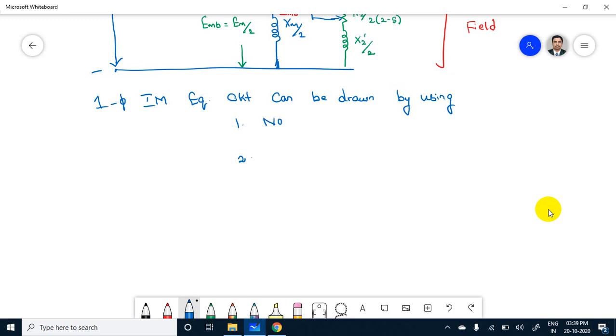One is the no load test. The second one is the blocked rotor test.